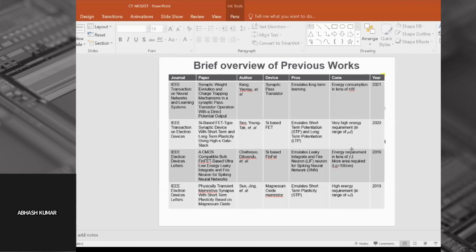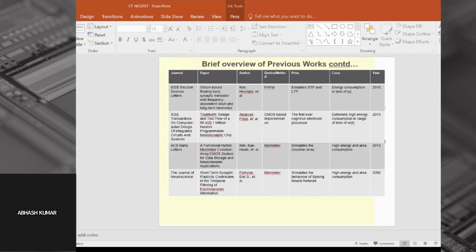For training as well as inference, even for a big data set, few thousands or few lakhs of spikes would be generated to train the network. In such cases the energy consumption would be so high that it might burn the chip itself. So here also the problem is energy. Here it is in milliwatts, or here in picojoules, which is still high compared to a human nerve cell.